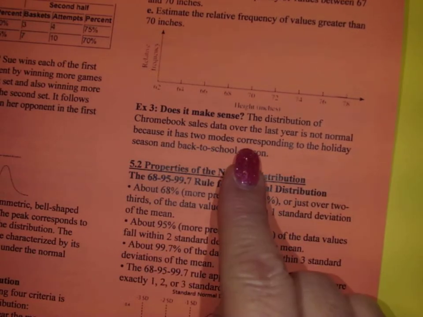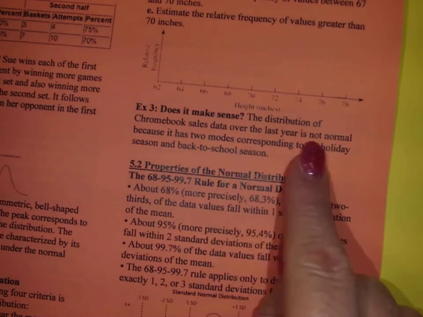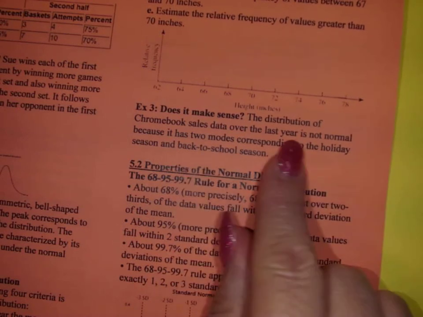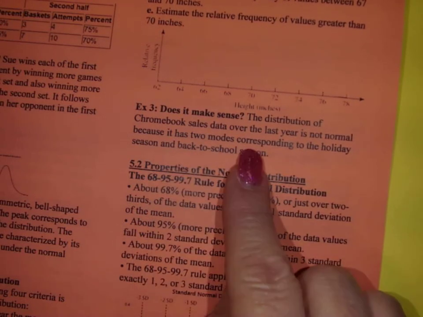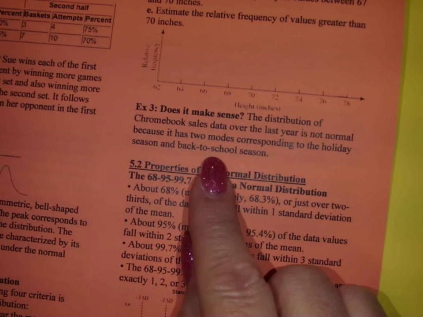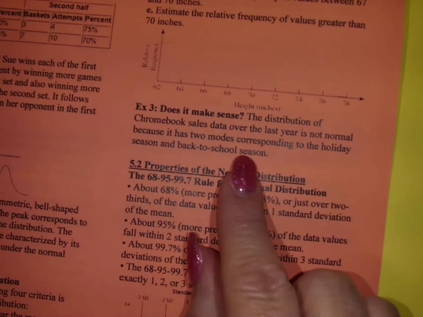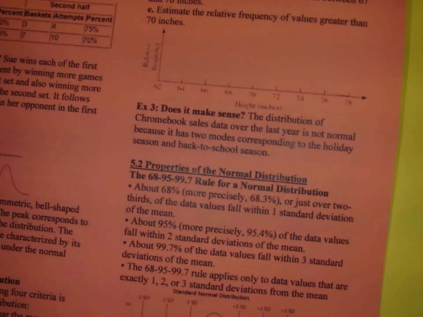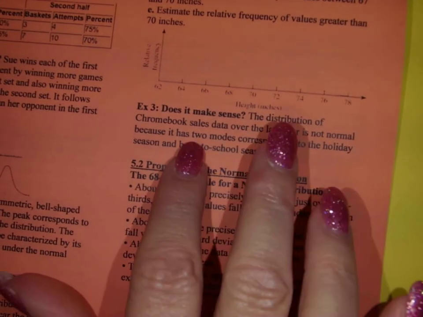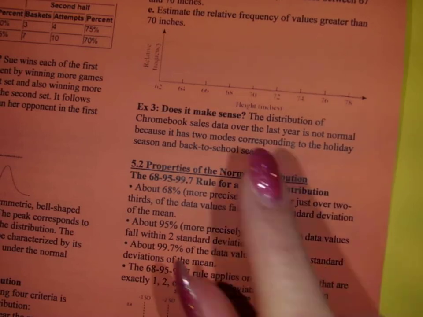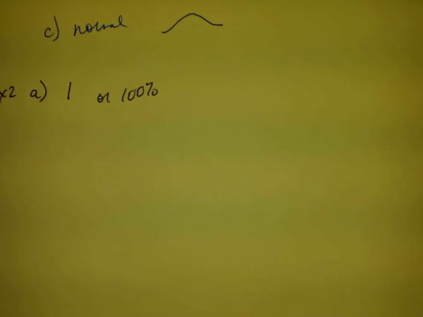Does that make sense? It says it's not normal because it has 2 modes. Well, that's true. And I would say that it makes sense because holidays and back to school season is typically when we would see people buying computers. So those two modes make sense in my mind. But the fact that they said it's not normal, it has two modes, that is a true statement.